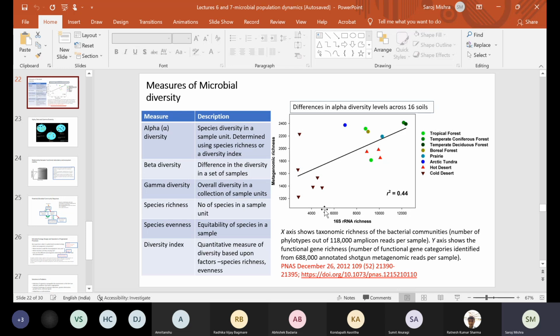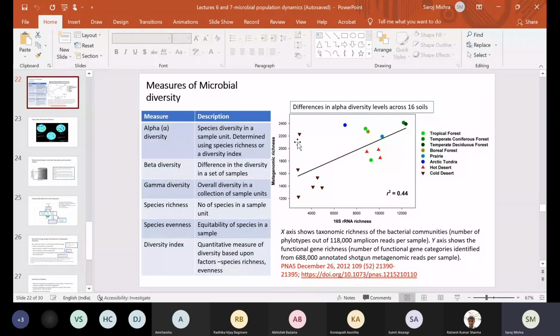That is the maximum they found, between 3,500 and 5,000 different types of species. And if you look at the function here, you do find that there is a lot of functional variability. The species richness may not be there, but there is functional variability, with 1200 to 2200 different types of functions encoded.